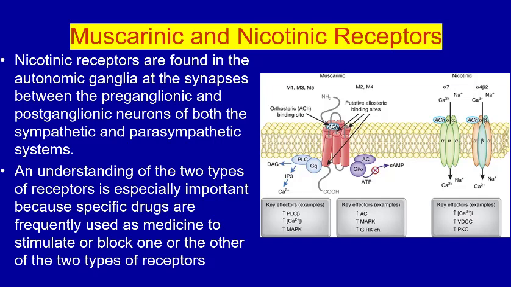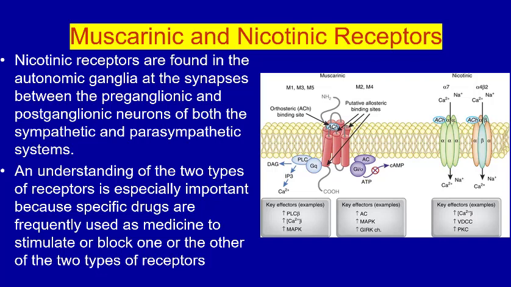Nicotinic receptors are found in autonomic ganglia at the synapse between the preganglionic and postganglionic neurons of both the sympathetic and parasympathetic systems.